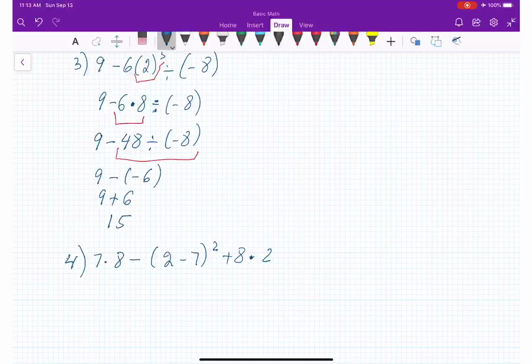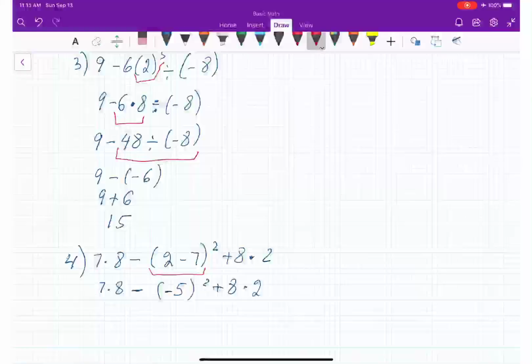Okay, so first we are doing what? Subtraction. 2 minus 7 is going to be negative 5, to power 2, plus 8 times 2.